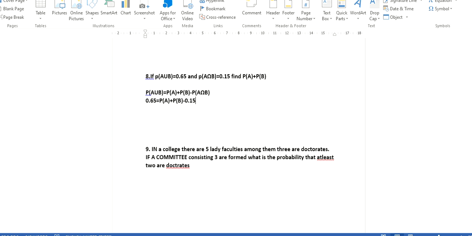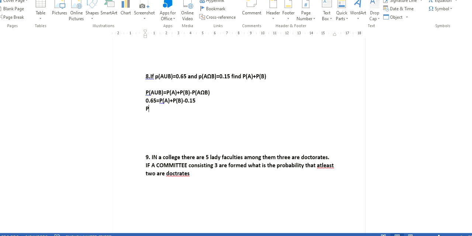So after simplifying, probability of B becomes 0.80. So simple for 2 marks.